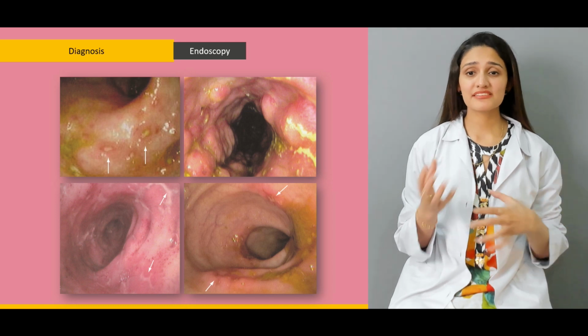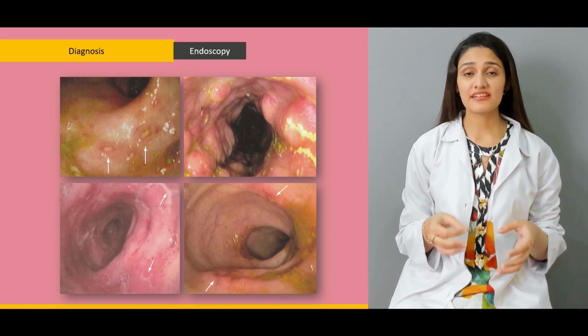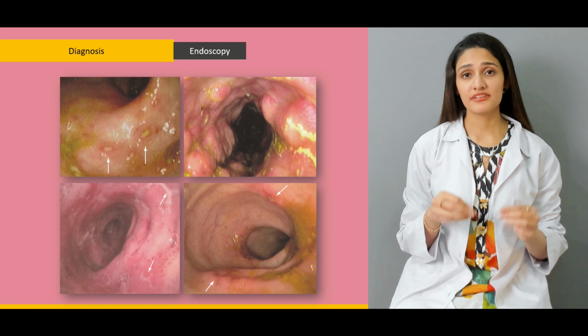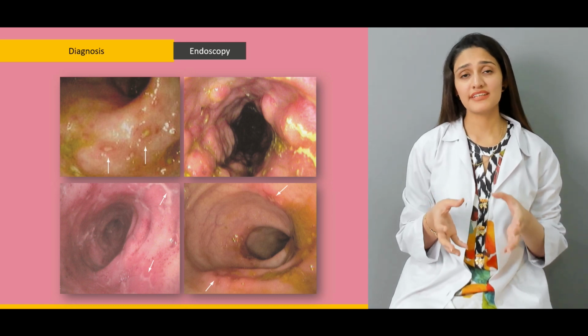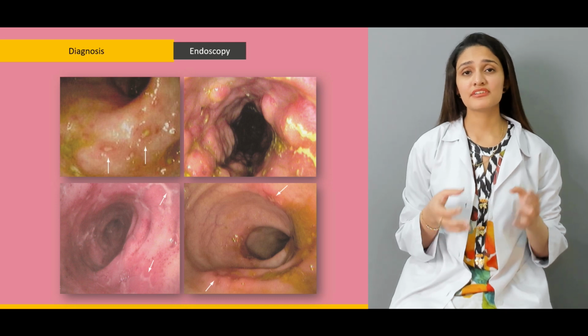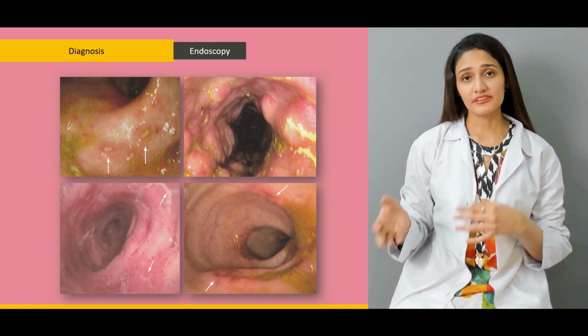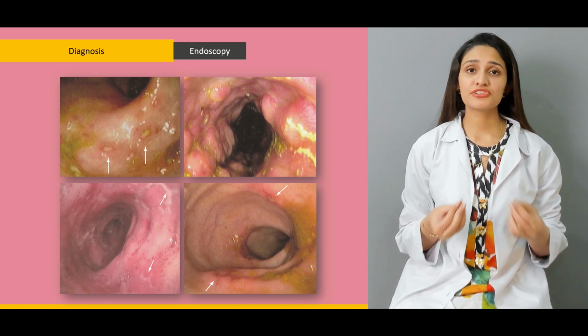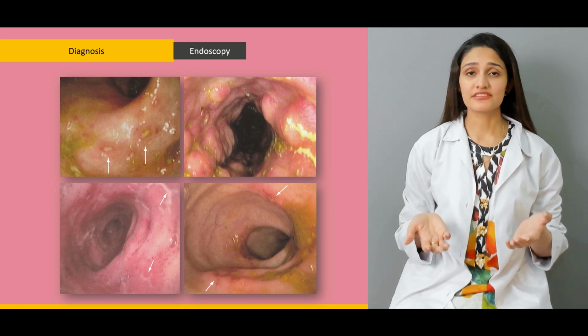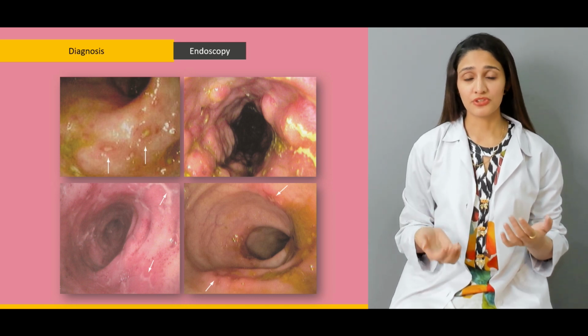So these are the different types of ulcers that we can only differentiate with the help of an endoscope. There's also something called VCE, which is video capsule endoscopy, which is very useful to differentiate different types of small lesions, such as these ulcers, in a patient with Crohn's disease.